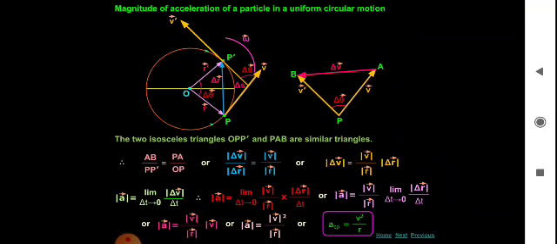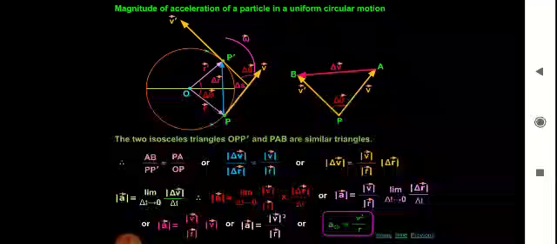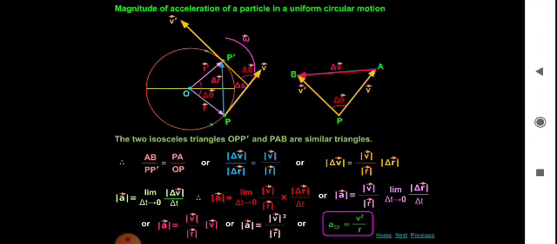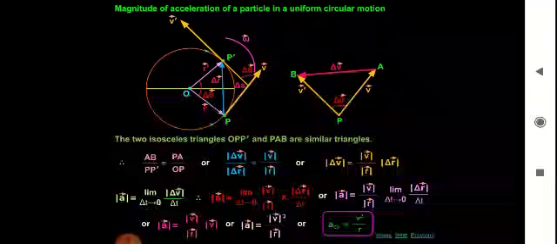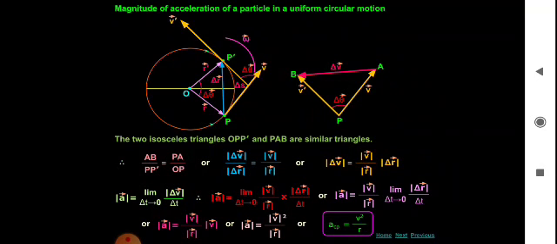Another velocity v dash is in the P to B direction. The resultant gives the change in velocity, that is vector delta v. The direction of delta v is towards the radius of the circle. The main image is the first image, where we observe the direction of velocity. The direction of velocity keeps on changing, so we have to add this direction.